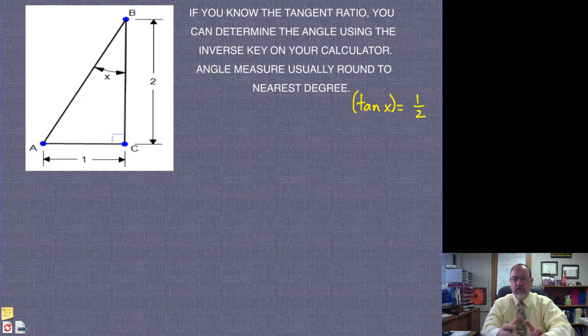There's no way to solve for x, and we don't have our exact answer until x is by itself, or the variable. So there's no algebraic way to do this because I can't just split the word tangent from the letter x, because they go together. So we talked about what we have to do is apply the inverse tangent function. And again, we'll talk more about that as we go deeper into trigonometry next year in advanced algebra.